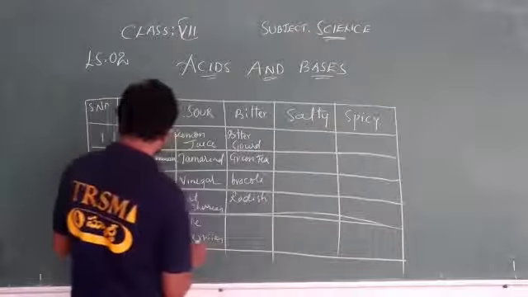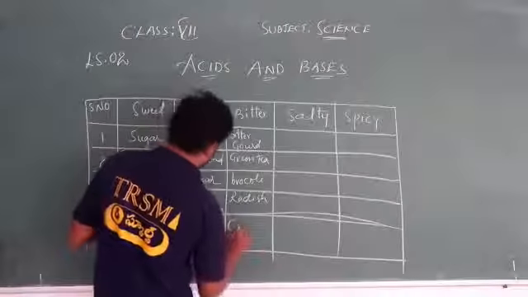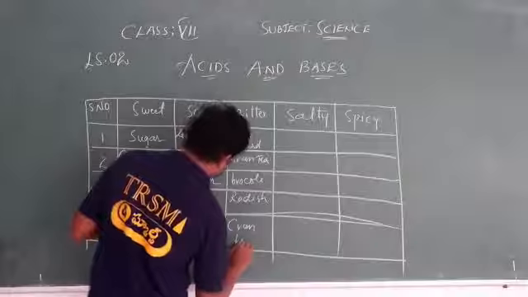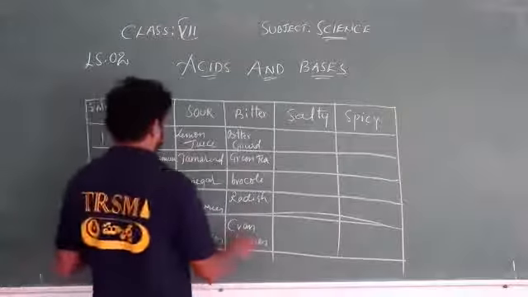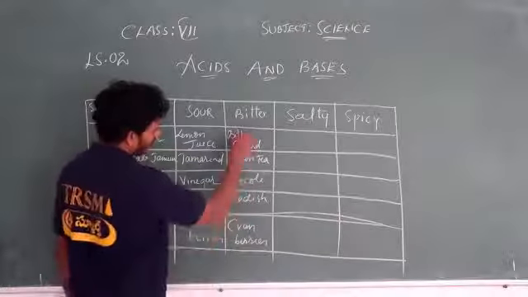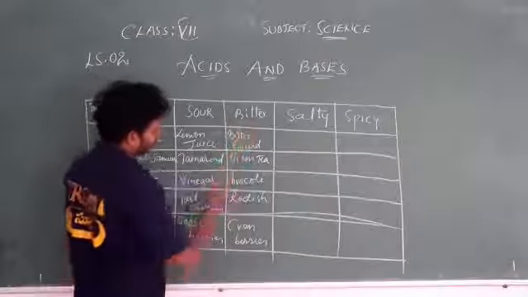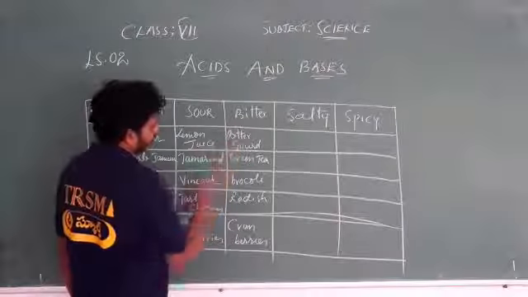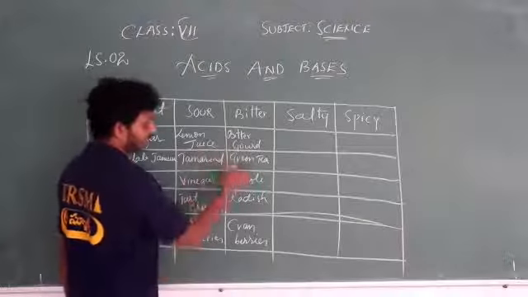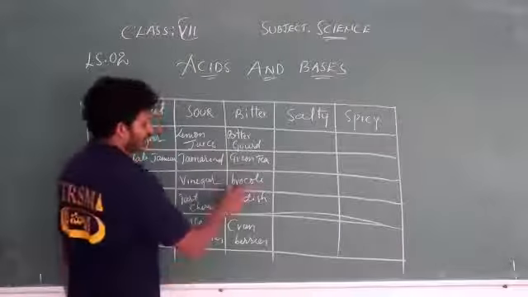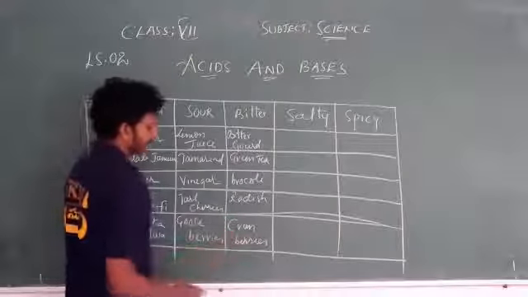And next one, cranberries. All these substances taste bitter. So what are those? Bitter gourd, you are very familiar with this, green tea, broccoli, radish, and also cranberries.